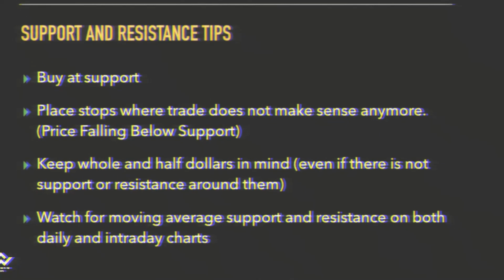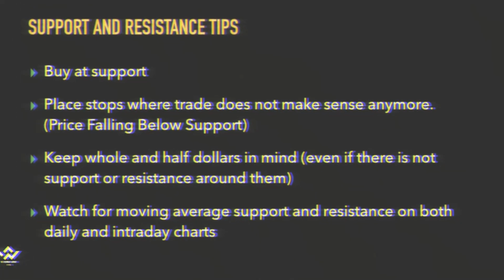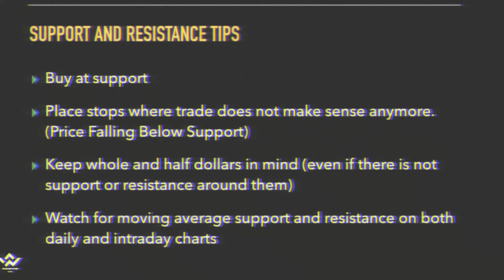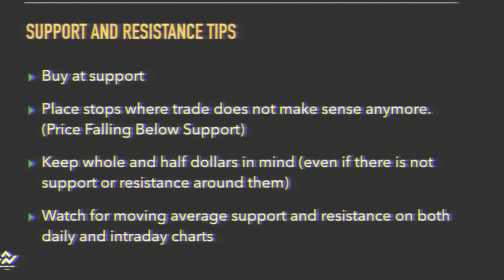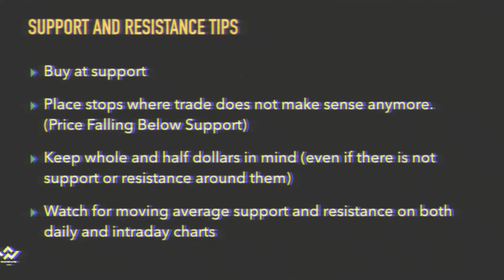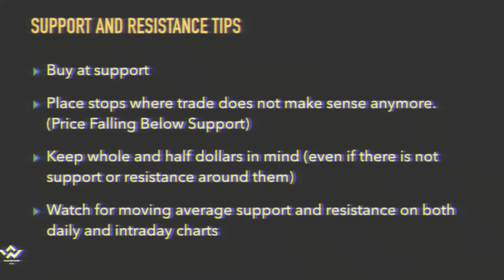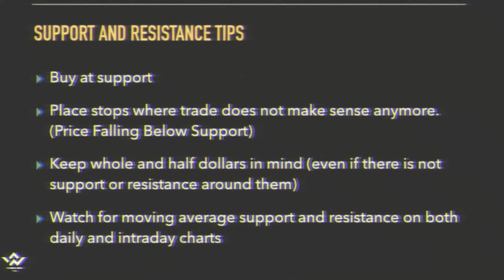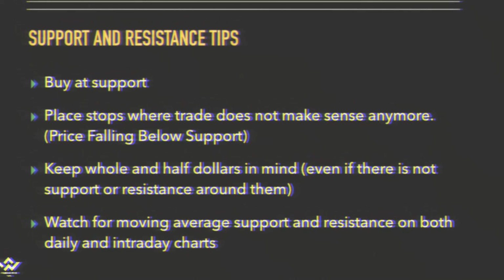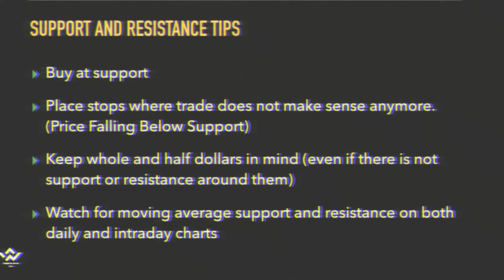So there's not going to be any sense in holding on to the stock, watching the stock price fall. You want to put your stop before that happens, and placing them right below support levels is going to be the best way. By placing your stops right below support and buying right above support, your stops are going to be very tight, but the reward potential could be very large.